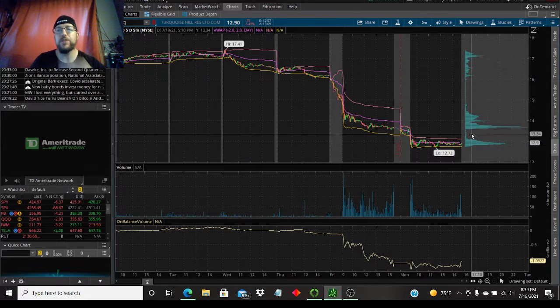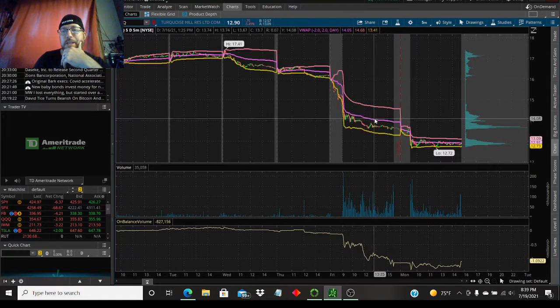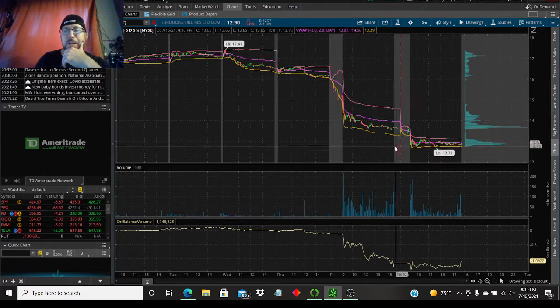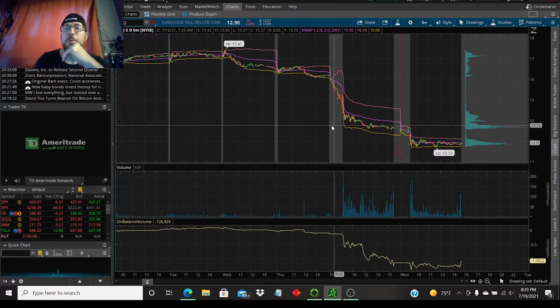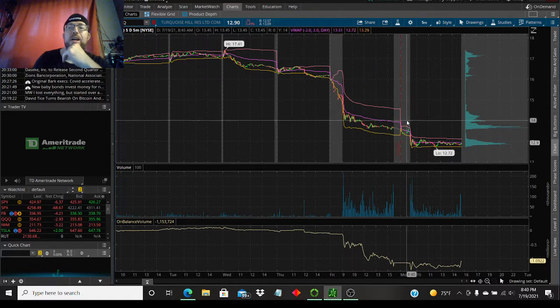I've noticed that whenever I'm getting into trades that I'm shorting and the VWAP isn't steadily going down, I'm losing money. I'm getting stopped out. And on the converse, when I'm buying stocks and the VWAP isn't going up, if it's just flatlining or even slightly going down, I'm losing money.